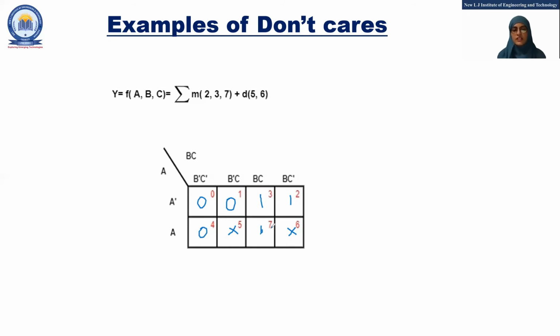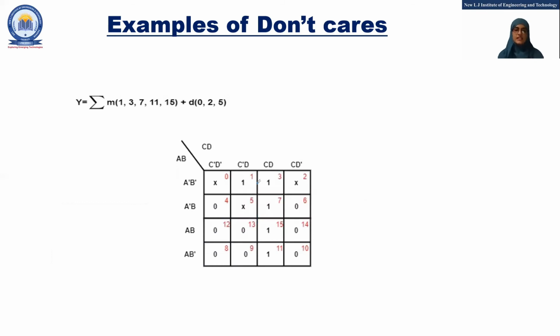So we have to consider don't care if it makes largest possible pair or chord or octet. So here this don't care makes this chord. So the answer will be B. Here we simply did not consider this don't care because all ones are already covered. So answer of this question is B.